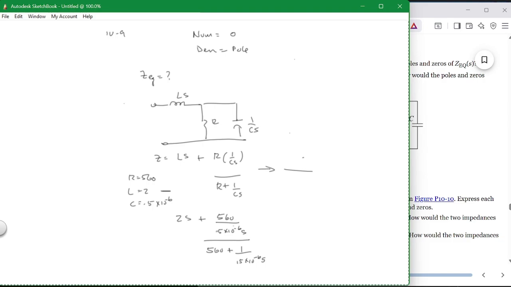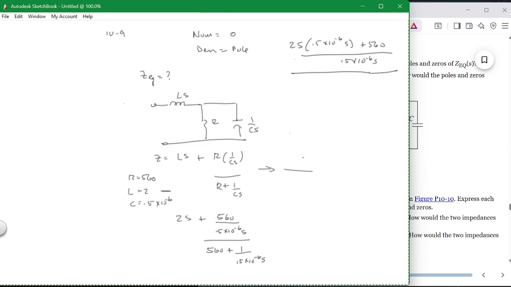Okay, so anyway, this is equal to 2s times 0.5 times 10 to the minus 6 times s plus 560, all over 0.5 times 10 to the minus 6s.